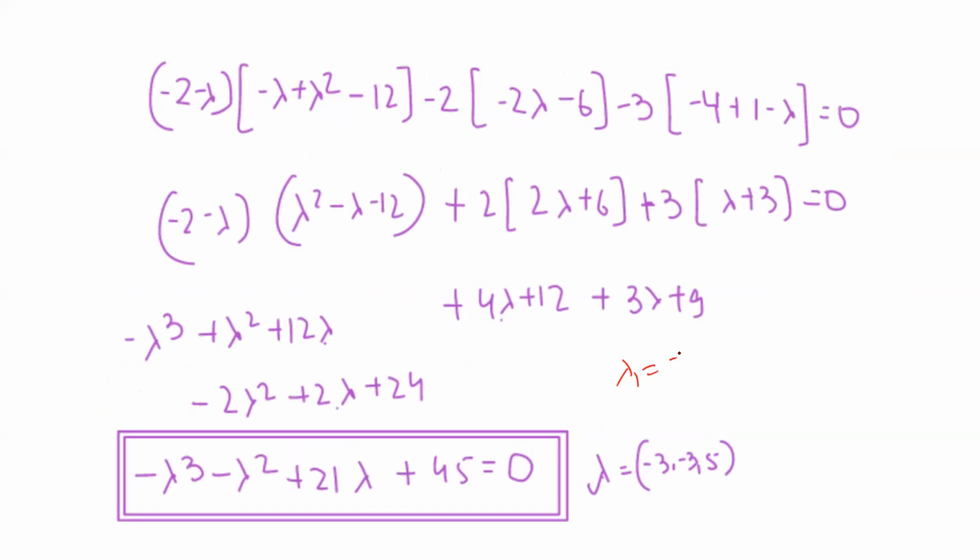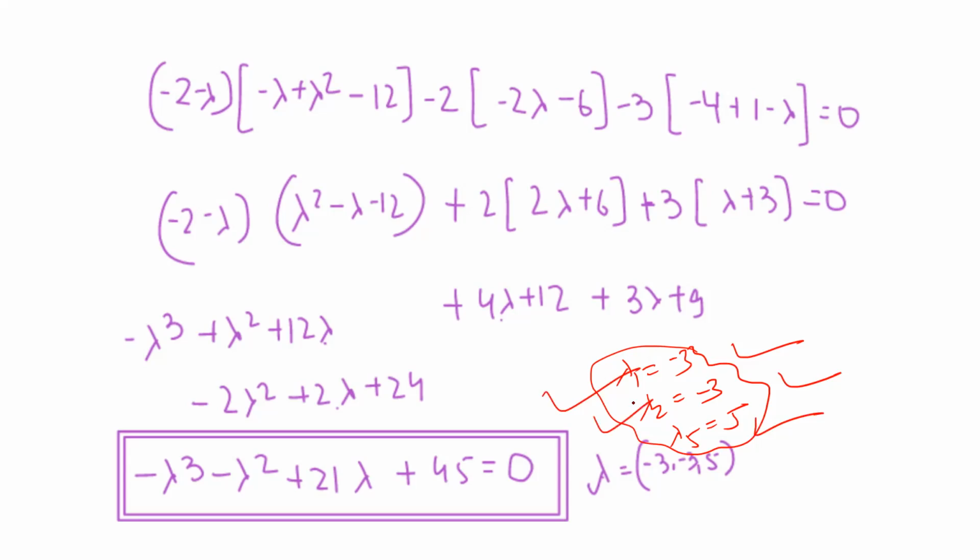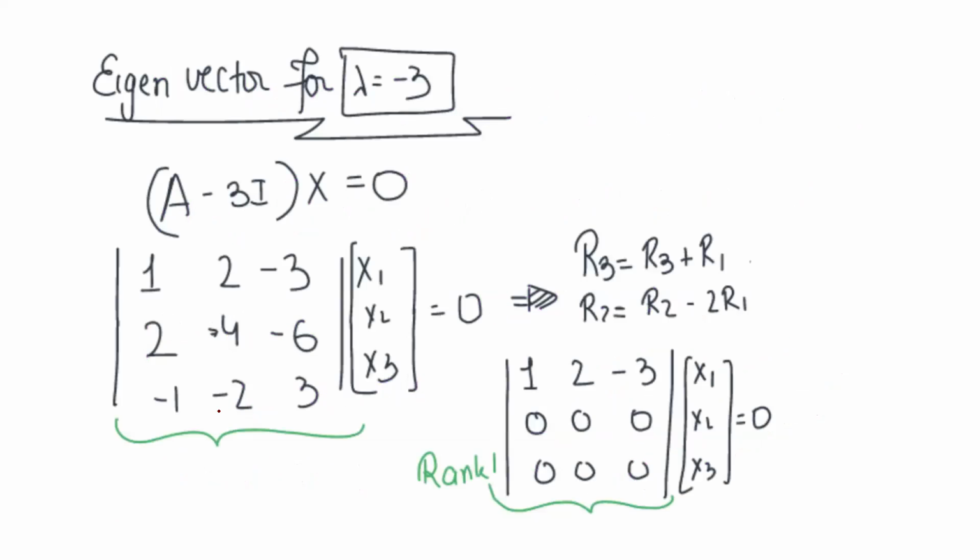Lambda 1 is equal to -3, lambda 2 is equal to -3, and lambda 3 is equal to 5. So after solving this polynomial equation, we will find the values of lambda. So for lambda 1 equal to -3, we have to find the eigenvector.